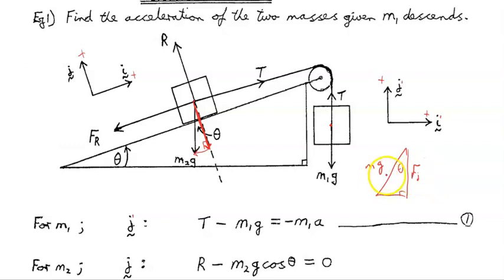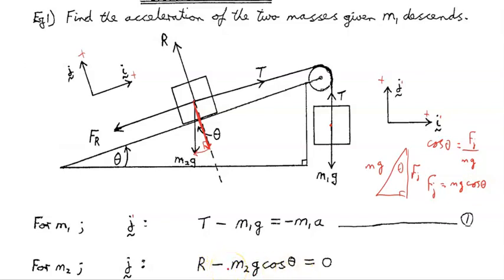Then cos theta will be adjacent on the hypotenuse, and so rearranging that will give us mg cos theta. Okay, now it's in the negative direction, so we're going to put m2g cos theta, put a minus in front.